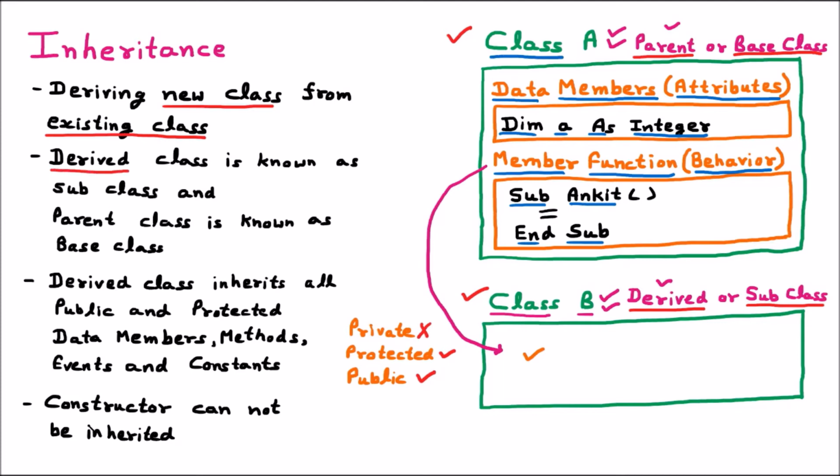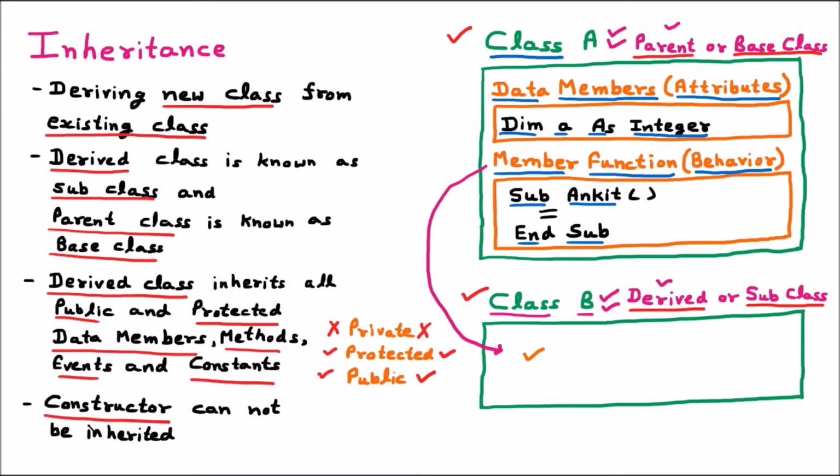The derived class is named the subclass and the parent class is named the base class. The derived class can access all the members which are public and protected, but we cannot access the private members of the parent. Everything public and protected can be inherited, such as data members, methods, events, and constants. But the constructor cannot be inherited. So these are the main points about inheritance.